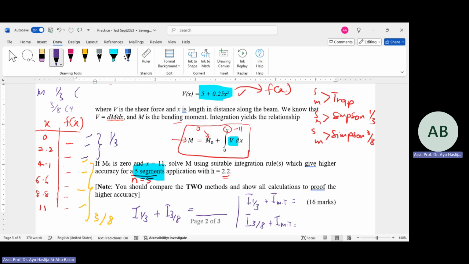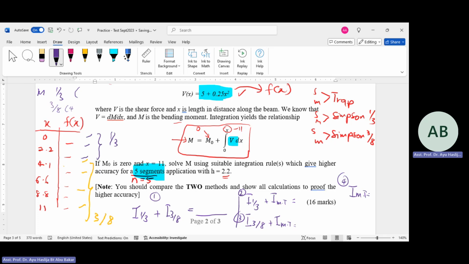The simplest one is multiple trapezoid for all data points. So now you have 4 options of method.